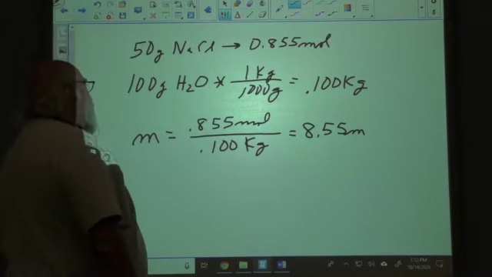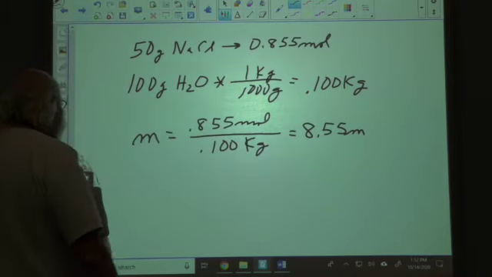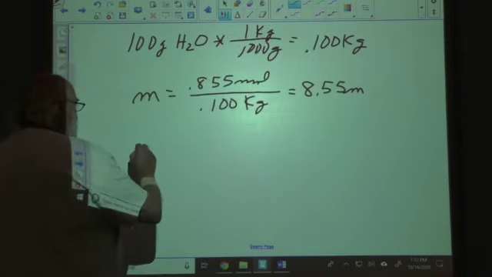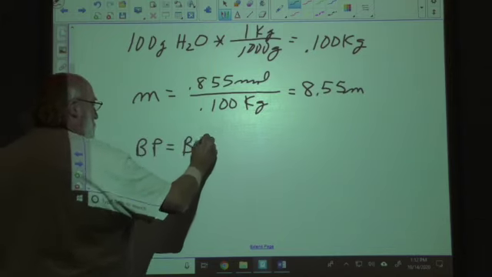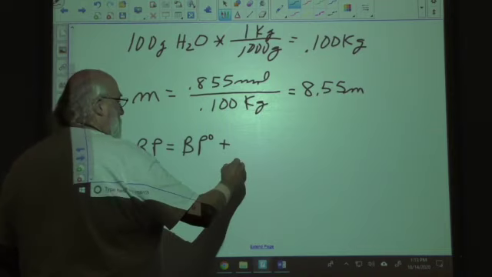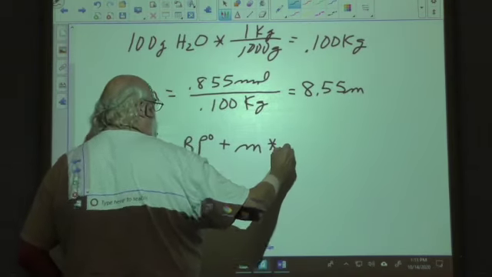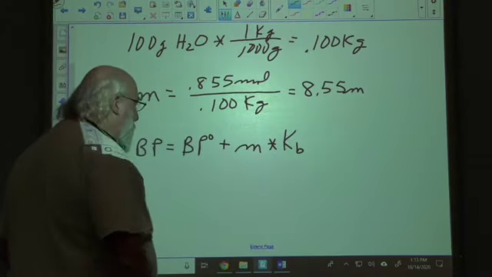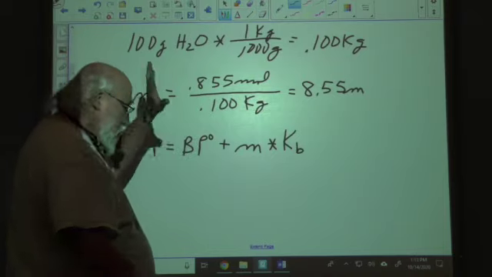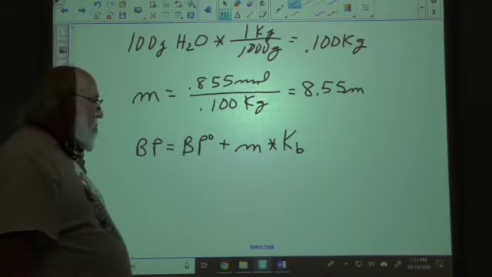All right. So, how does that affect the freezing point and the boiling point? Well, let's do boiling point first. Boiling point is defined as the original boiling point plus the molality times Kb. B for boiling, so that tells us we're using the right constant there. So be careful of that too. Don't use the Kf for the Kb.